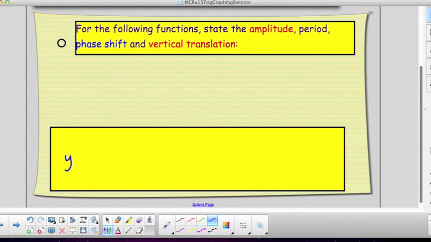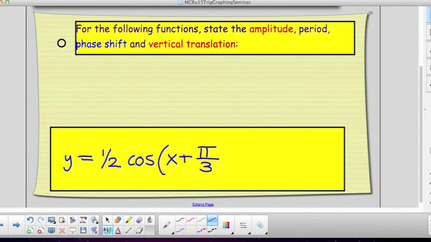Y is equal to 1/2 cosine (x plus pi over 3) minus 3 over 2.